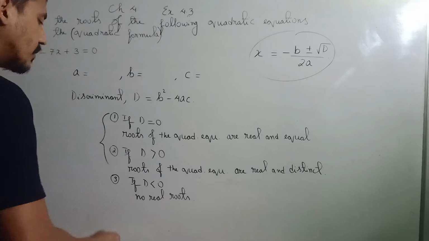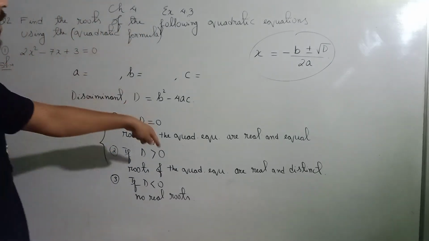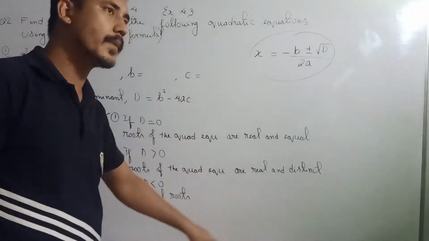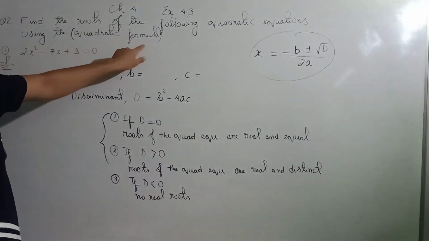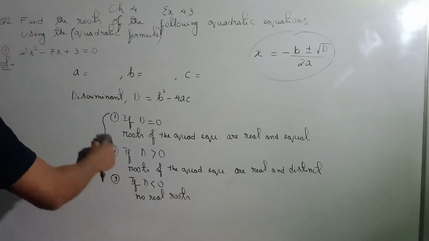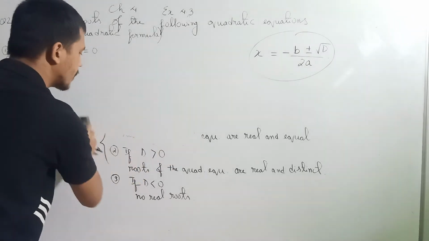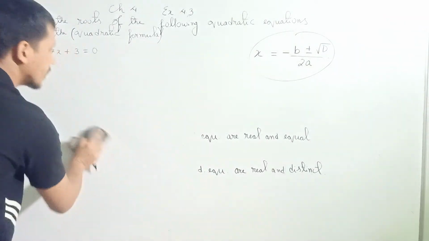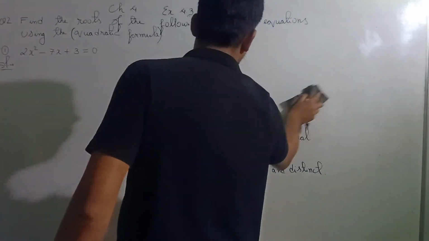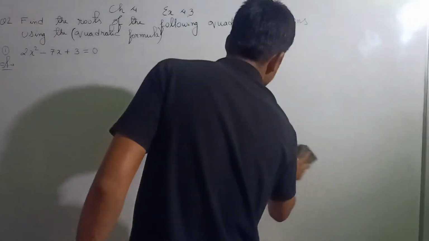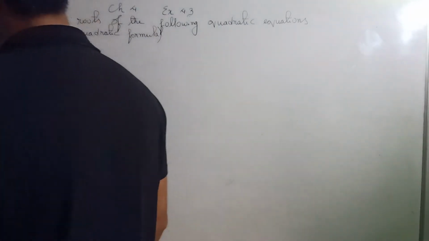So this particular method of finding the roots is known as your quadratic formula, or we call it Sridharacharya formula. This formula was invented by an Indian mathematician whose name was Sridharacharya, so it was given under his name.